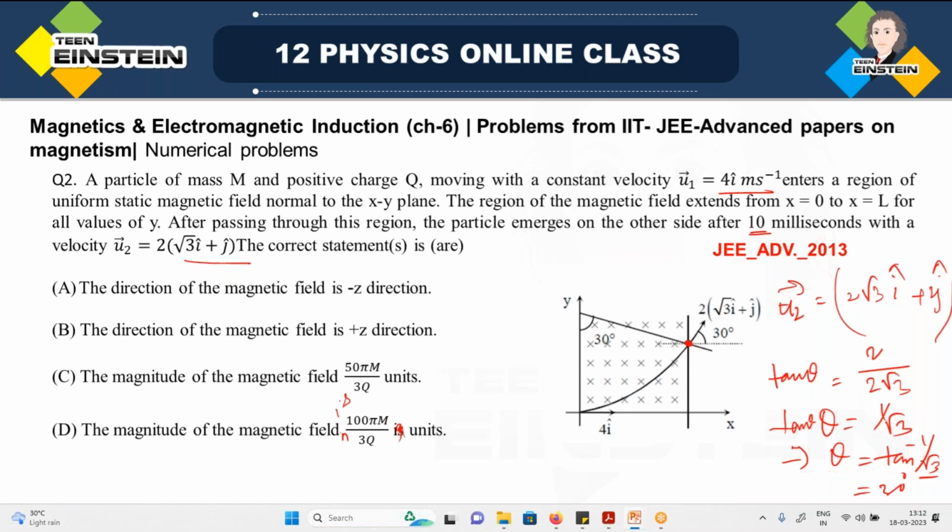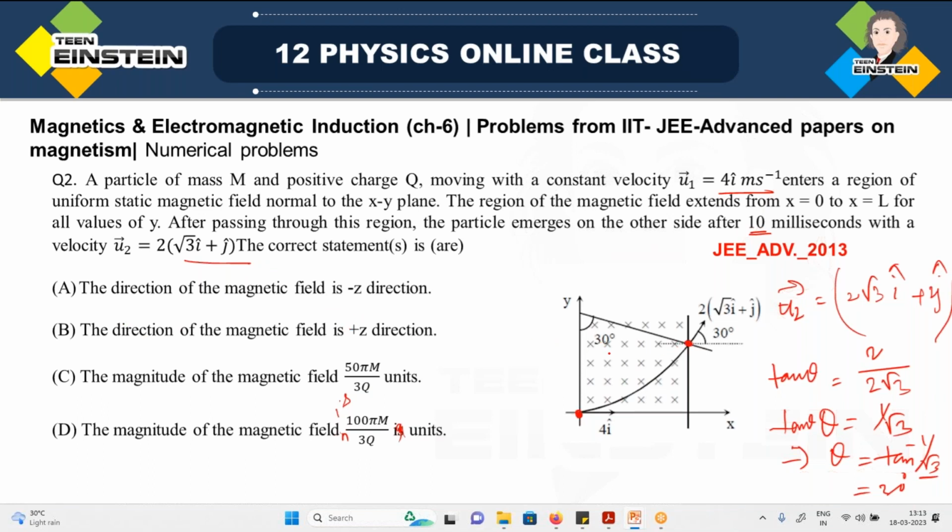So 30 degrees is the angle which the velocity vector makes with the horizontal. By symmetry we can see this angle is also 30 degrees. If we get that, then you look here, this is the arc length, and we will be able to find it out. The question is whether the magnetic field is along the z direction.